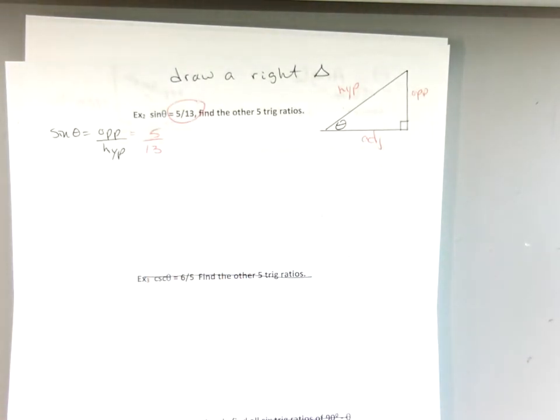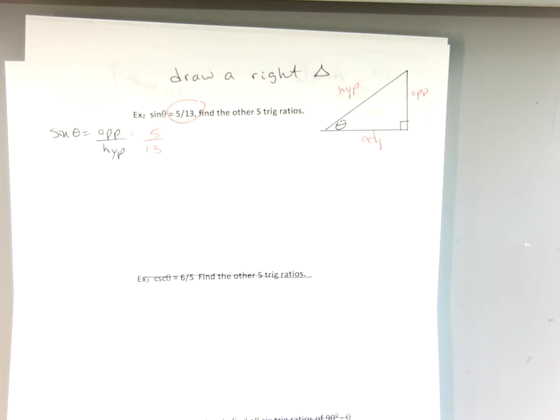Yeah, Ellie? How do you know that's not related? The other angle? We could have put it up there. Yeah, you could have put it here. Totally right. Absolutely. It's not going to change anything, except it will just change the way our triangle looks, but it won't change all the answers.